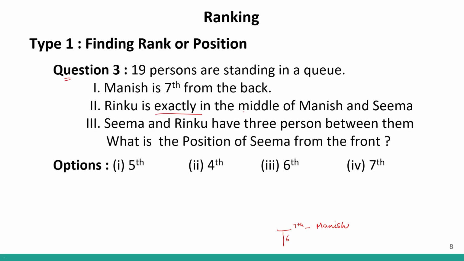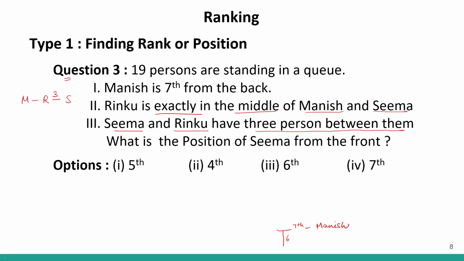Rinku is exactly in the middle of Manish and Seema. So we have Manish, then we have Rinku, then we have Seema. So this is exactly in the middle. Seema and Rinku have 3 persons between them. So between Seema and Rinku we have 3 people.